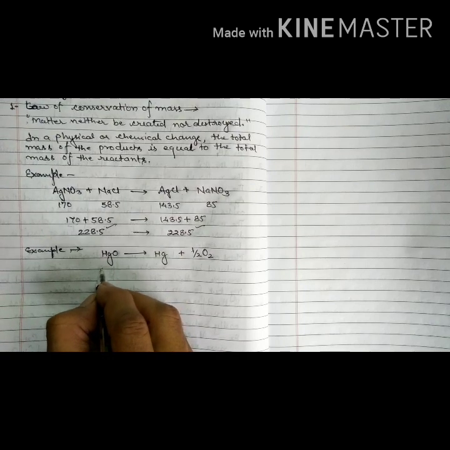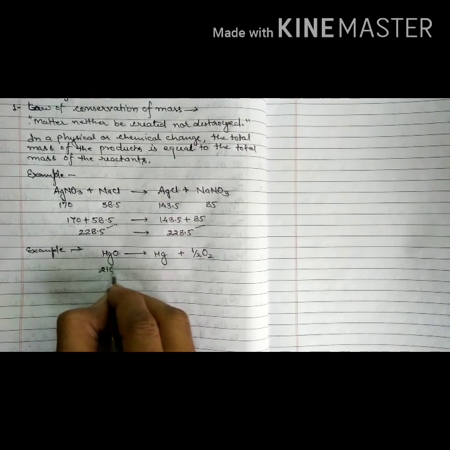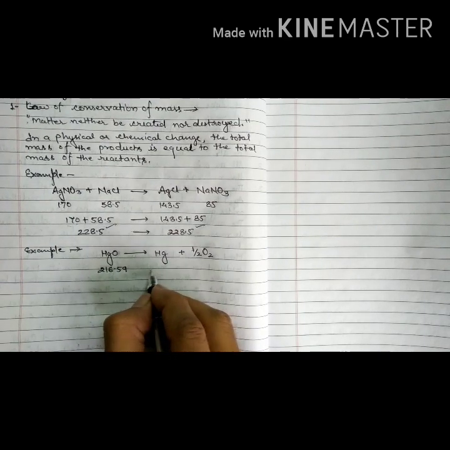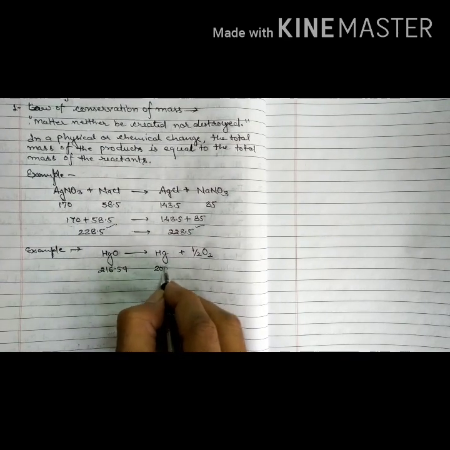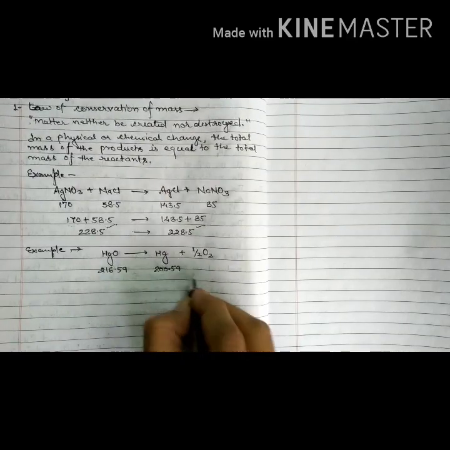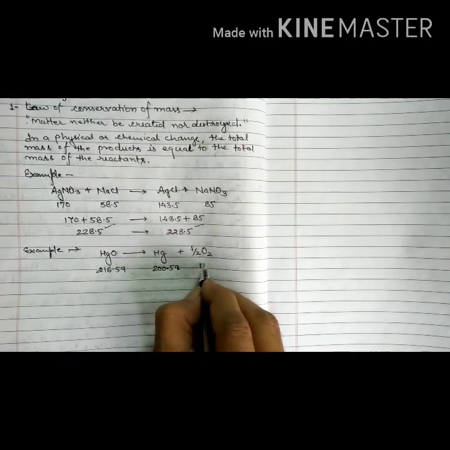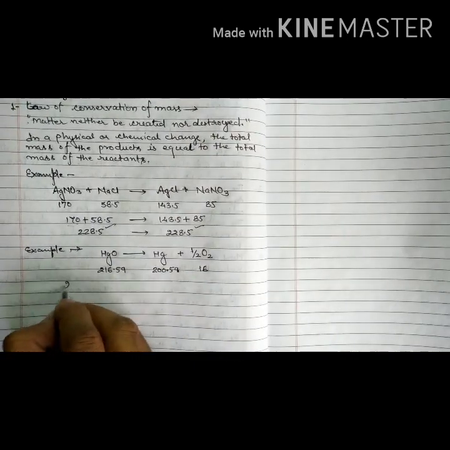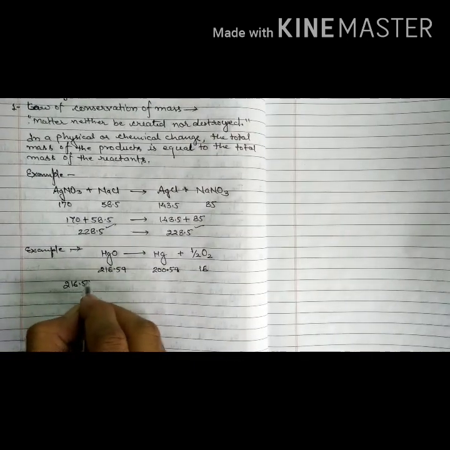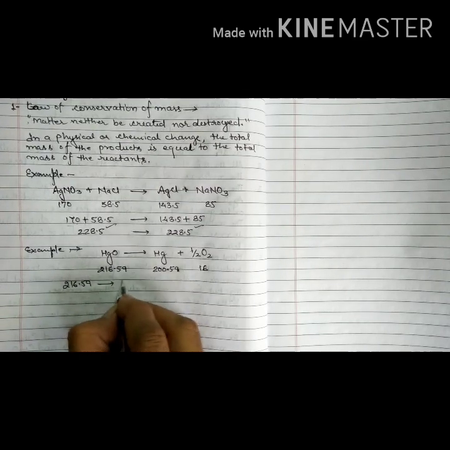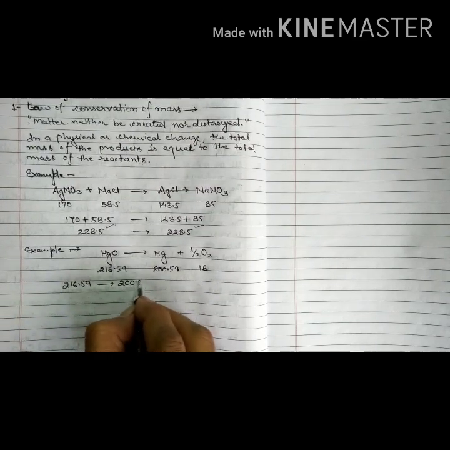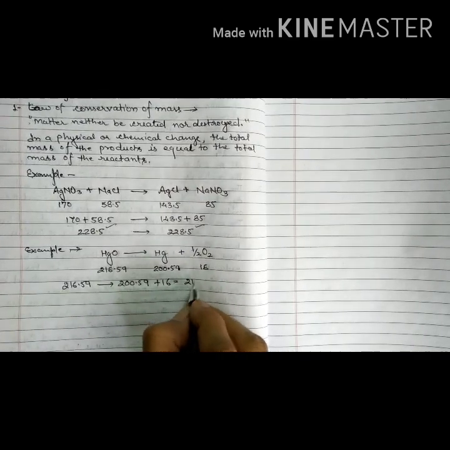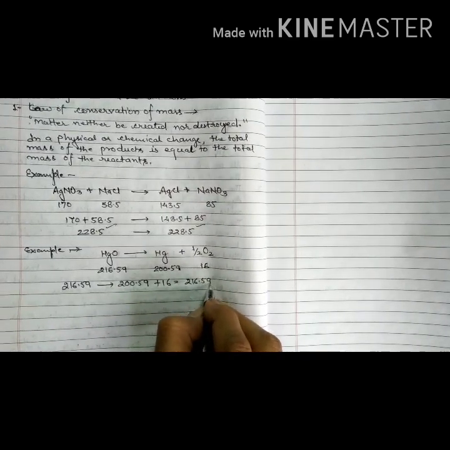Mass of HgO is 216.59 and Hg is 200.59, then oxygen will be 16. 216.59 is equal to 200.59 plus 16. This also comes to 216.59.